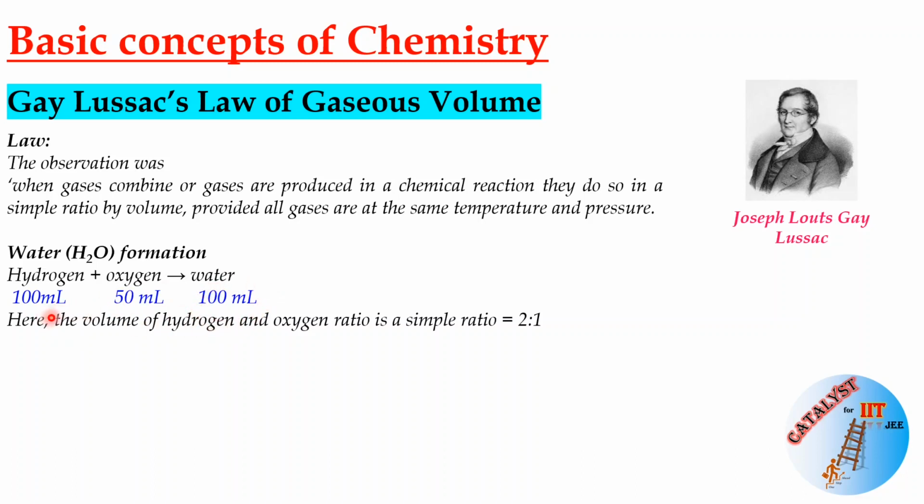This volume ratio of hydrogen and oxygen is 100:50, correct? So this is 2:1, which is a simple ratio by volume. So this is the law. This is a very simple law, and I hope that you understand it very clearly.